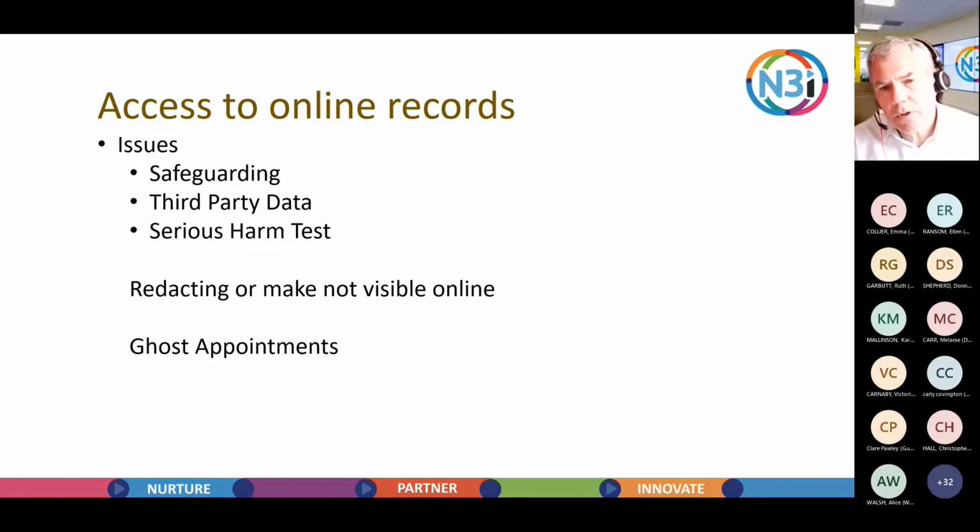Third-party data and serious harm tests. These two are pretty much unchanged from the subject access request section. So if you go onto the IG portal, which is essentially where this presentation will be, where I put all my stuff, and then go onto the documents, there are two documents there that relate to third-party data and to the serious harm test. So they're already there. They apply to subject access requests.